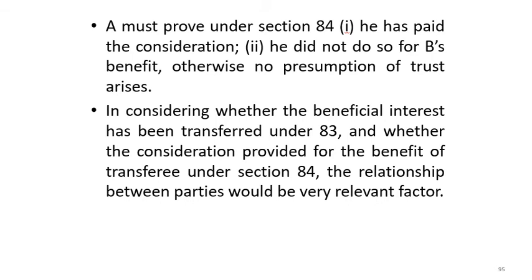Once the owner of the property proves that he has transferred the property to B, but he did not transfer the beneficial interest to B, in those two things once proved, then a presumption of trust arises. Otherwise, there is no such presumption of trust.